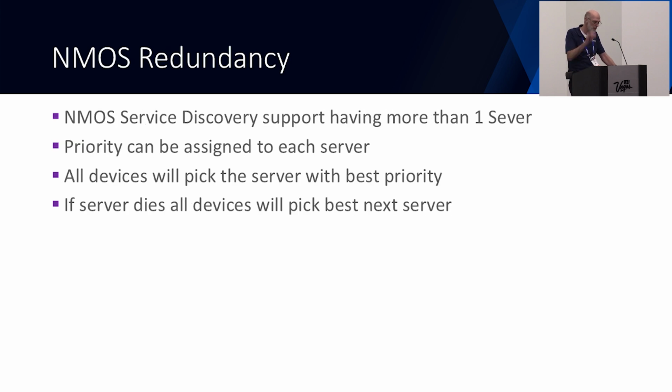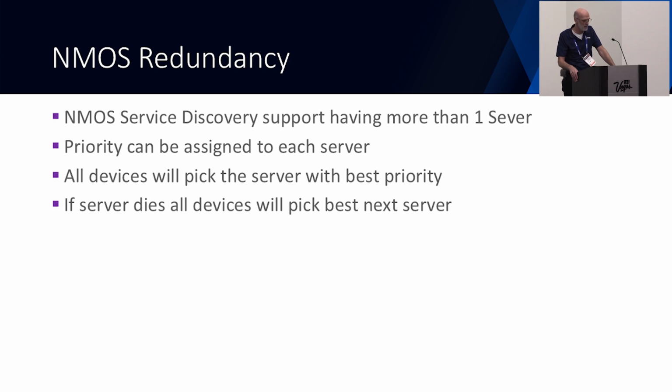I want to talk a little bit about NMOS redundancy for the registry. NMOS service discovery supports having more than one server on your system. You can have lots of servers, and the way you do it is you assign a priority to each of your servers. So I could have a server with a very high priority and a backup one with slightly less priority.